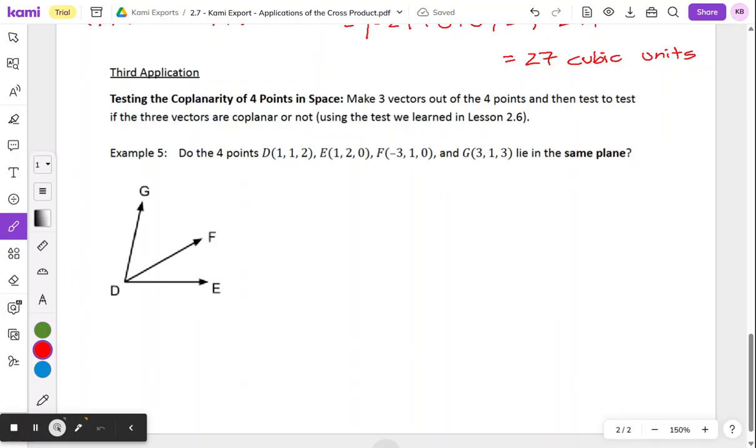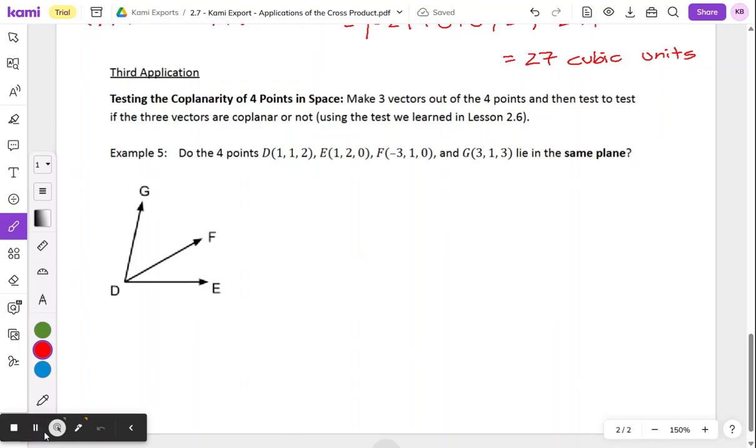Okay, it's just a flat surface. So if I get a 0 here, it does mean they are in the same plane, all 4 points. Okay, so let's see if I'm going to get a 0 here, and if so, that tells me that I have a very flat parallelepiped, like no height whatsoever, and therefore they're in the same plane.